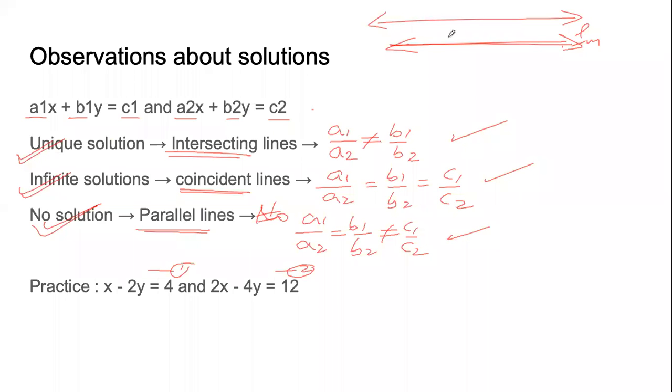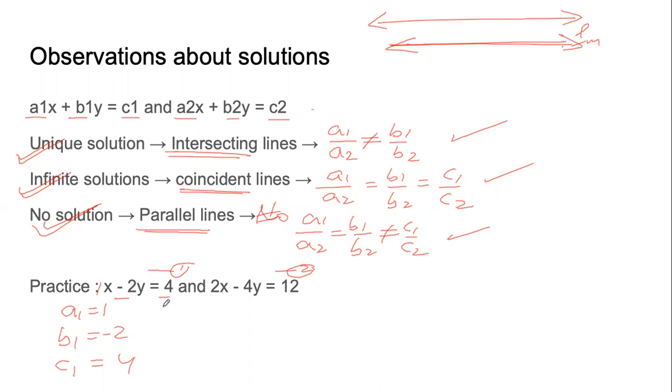Let us identify what our A1, B1, C1 are. Let me write it on the screen. From equation 1, it is very clear that A1 is 1, B1 is -2 and C1 equals 4.